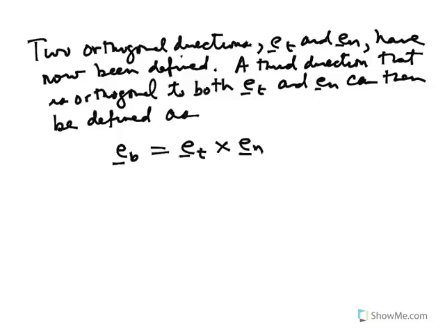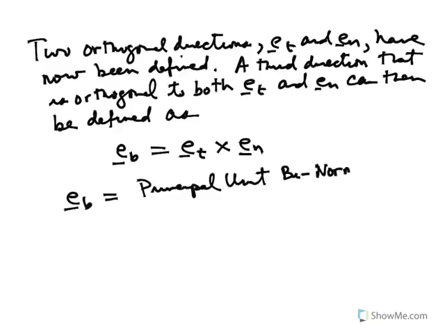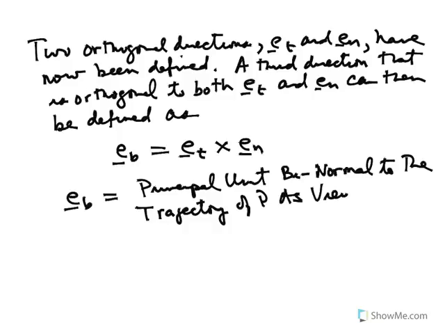Now this quantity E sub B is what's called the principal unit binormal to the trajectory of P as viewed by an observer in reference frame A.